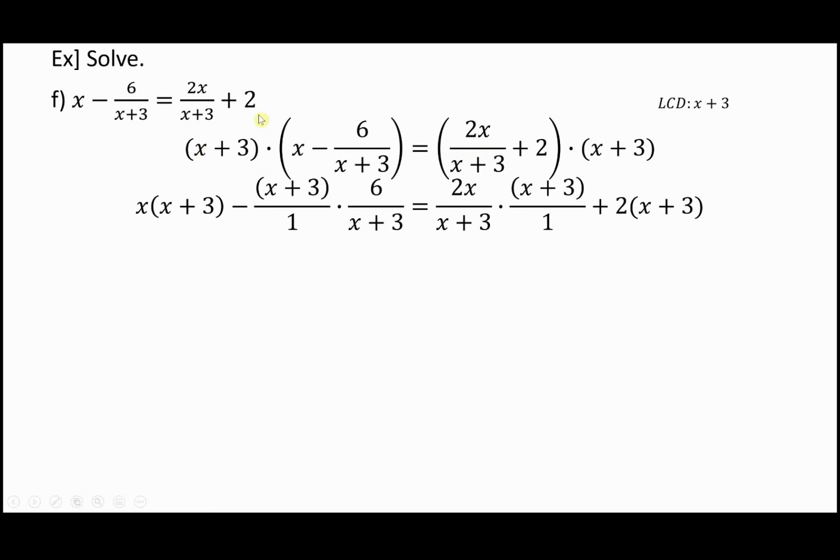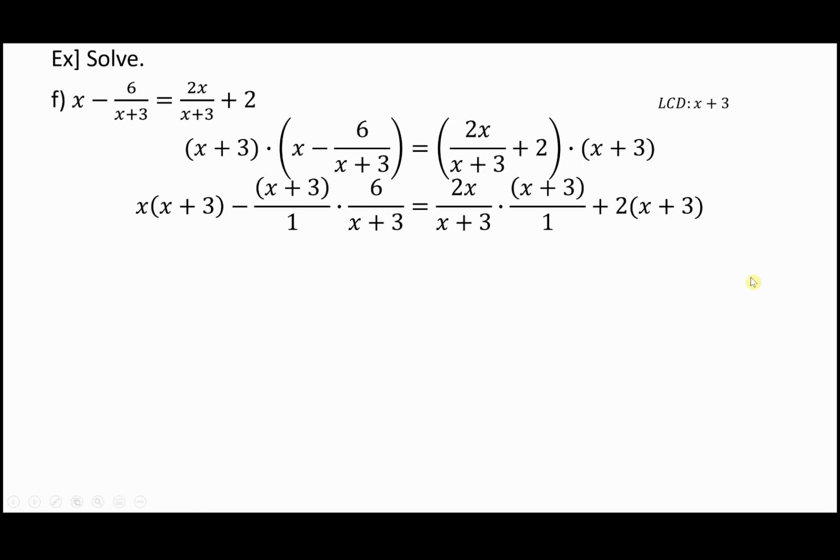So when I distribute it through, I just distribute it explicitly as an x plus 3 factor for the first term on the left-hand side, but then I gave it a fraction representation for distributing over the second term, because the second term was the rational expression. And then I did a similar thing on the right-hand side of the equation.